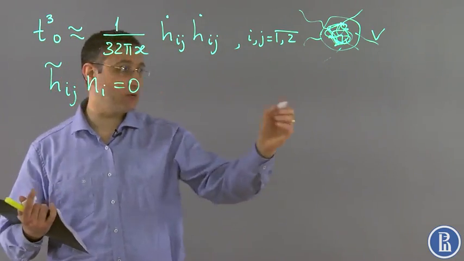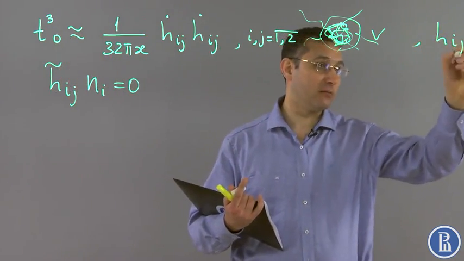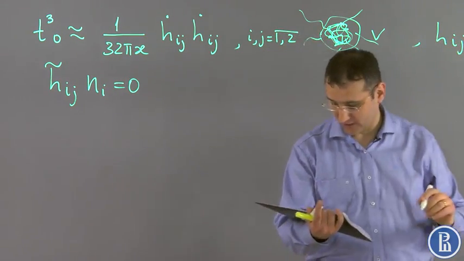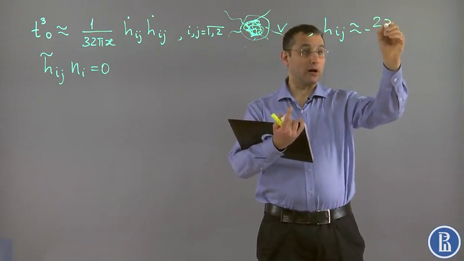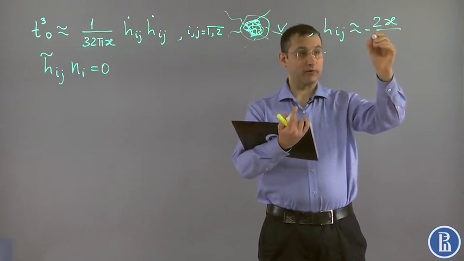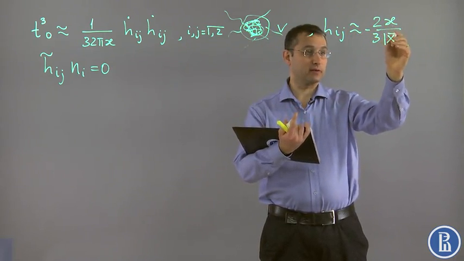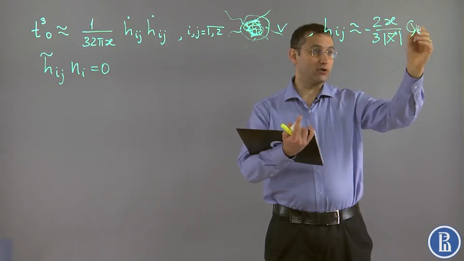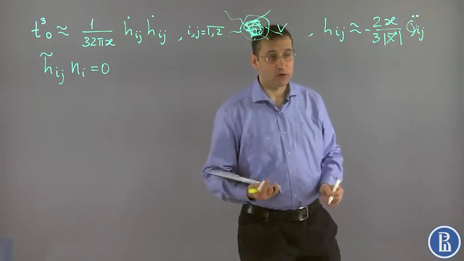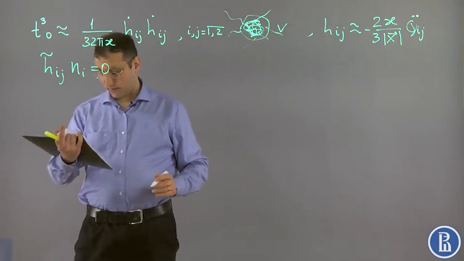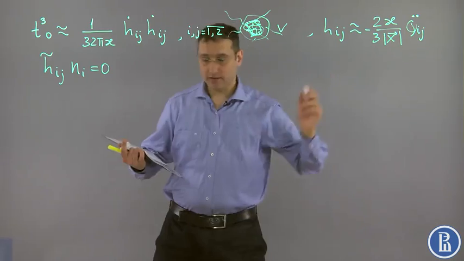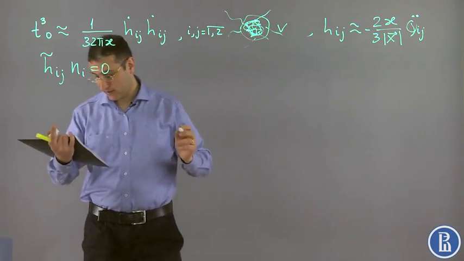We have at our disposal H_ij from the previous part of this lecture, which is approximately minus 2 kappa over 3 modulus of x times Q_ij double dot.